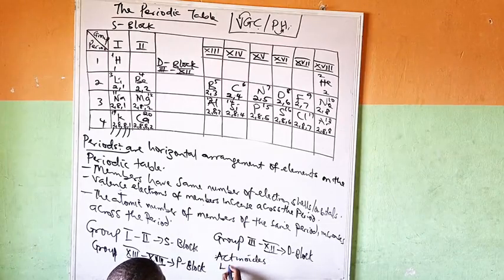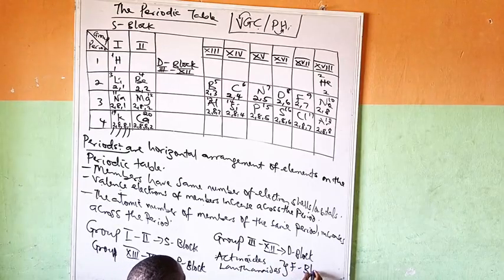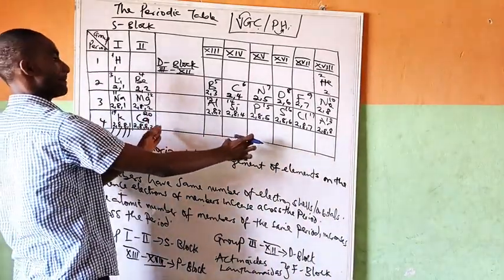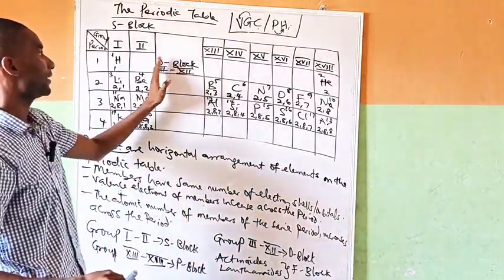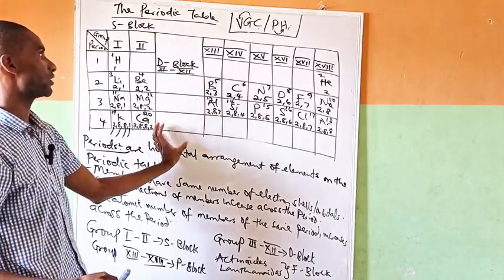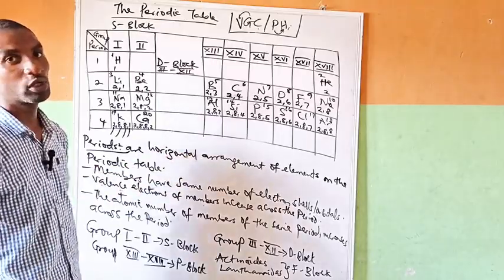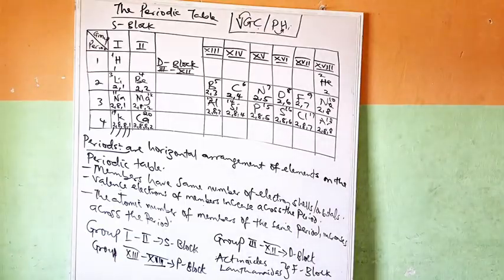They are within the last two periods, sharing their boundaries with the D block actually, but they are the last two periods. Okay, so that is that.